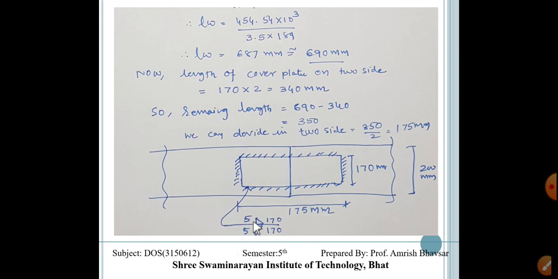Here it is a 5 mm thickness weld, a fillet weld, and 170 mm is the length of welding. Clear? Which is on the top and bottom. Double cover butt joint is here. So again I have to write down this value in the bottom portion also.